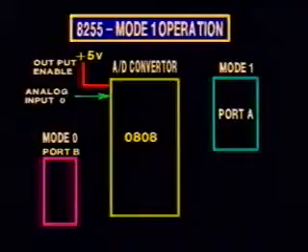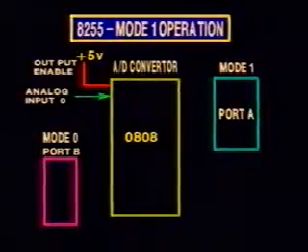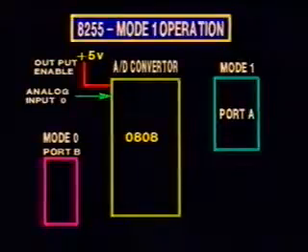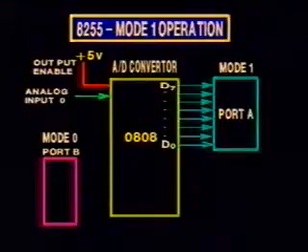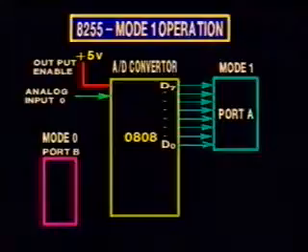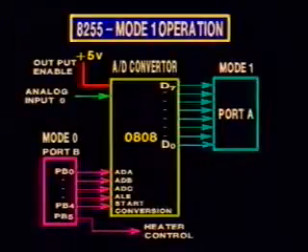In this application, port A is operated in mode 1 and port B is operated in mode 0. Port A is used to read data from the A to D converter. Port B is used to address the channels in the A to D converter and to start the conversion.